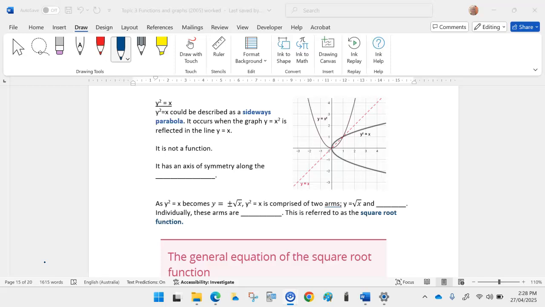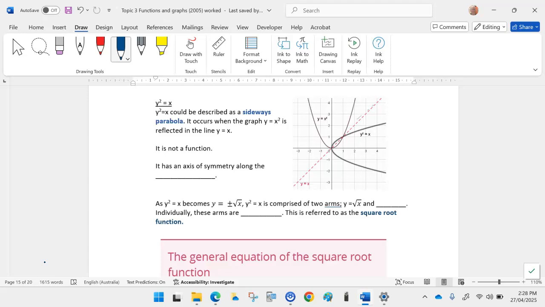It's a function. However, if you take y is equal to x squared and you reflect it in the line y is equal to x, on this graph that's represented by this red dotted line, you get this thing, which is not a function, and it is called y squared is equal to x.